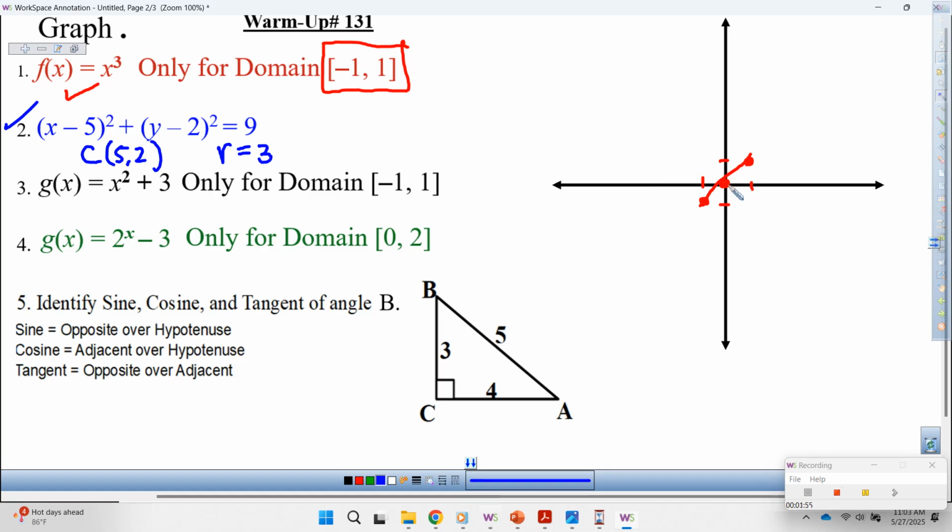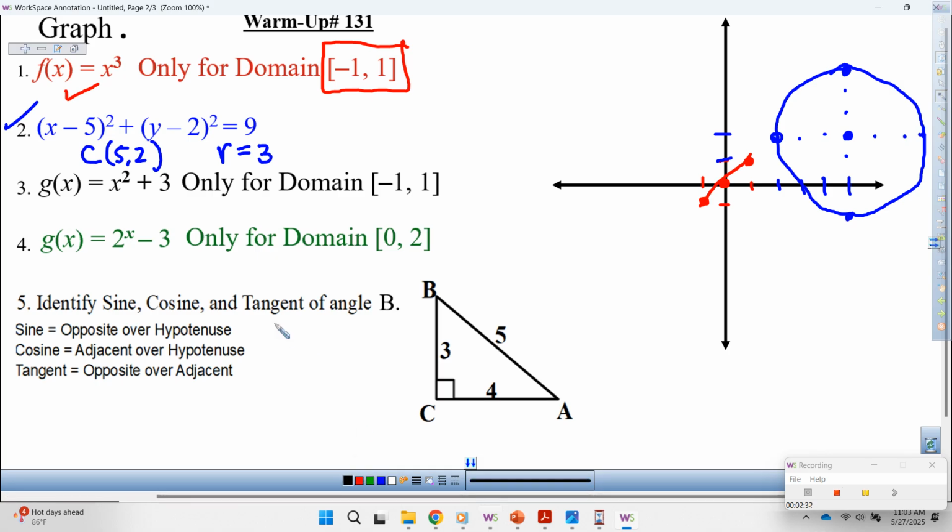So 5, we got 1, 2, 3, 4, 5. 2 up, 1, 2. And the radius is 3, so we go 1, 2, 3, 1, 2, 3, 1, 2, 3, 1, 2, and 3. There you go. Thank you, Mariah. Pass someone.